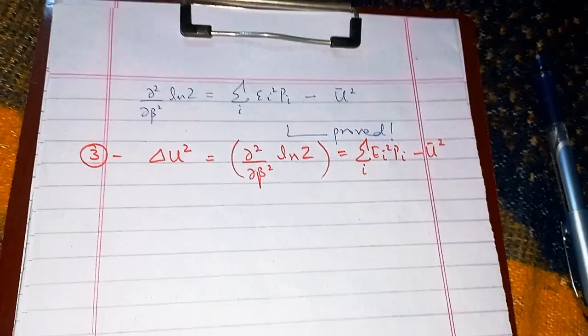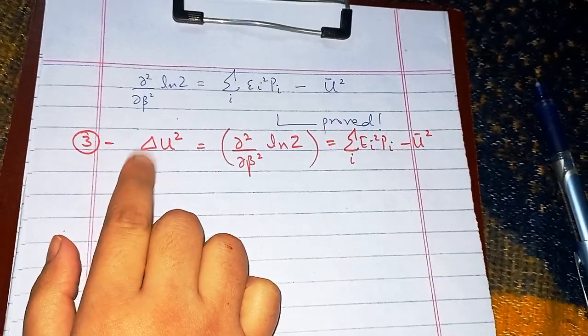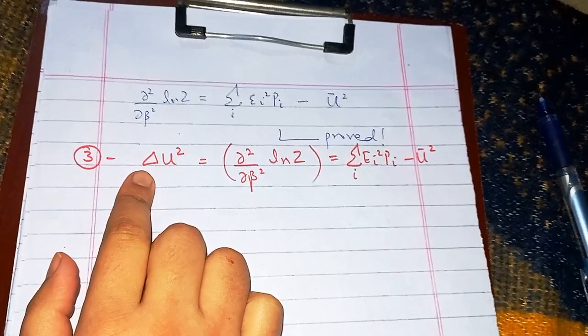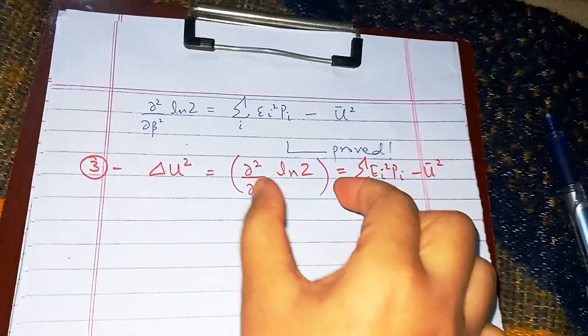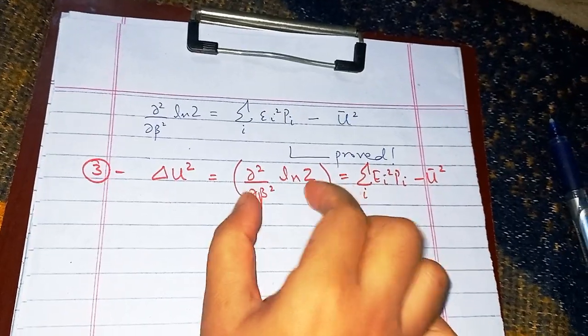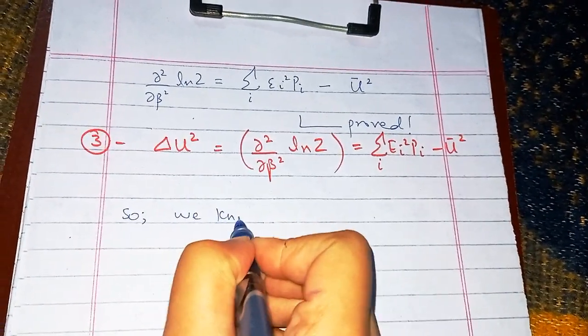For that purpose, we have to go back to the general formula of standard deviation. What is the general formula of standard deviation? We'll put the values in it, and we'll see that it is equal to this double derivative value.